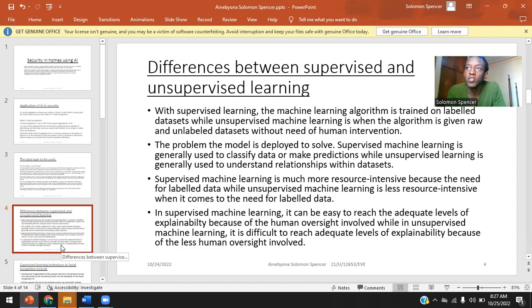With supervised learning, since there is human effort, you can explain the data. But for unsupervised learning, since there is no human intervention involved, it's hard to explain the data itself, because the AI just groups the data into groups that even you yourself don't know.